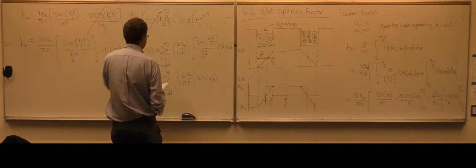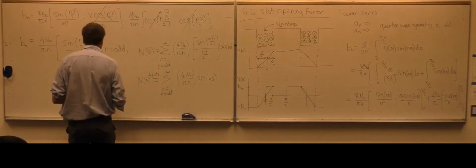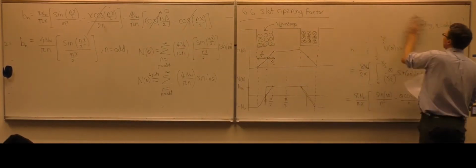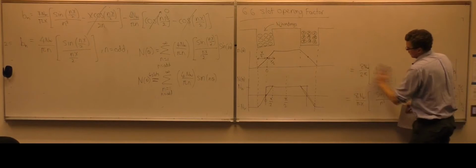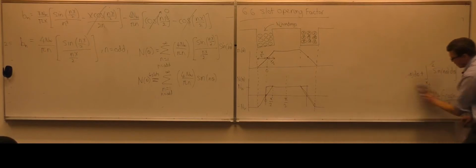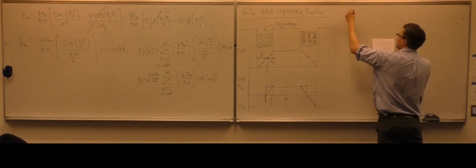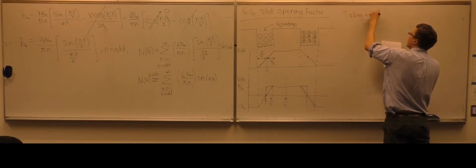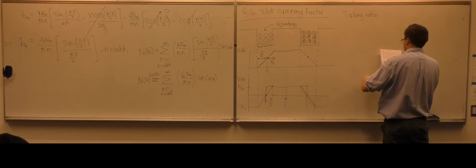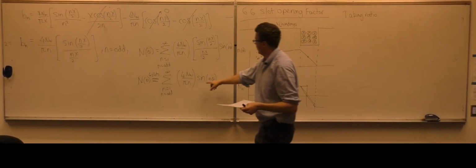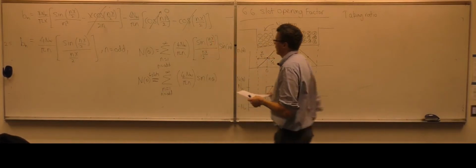So we take the ratio of the two. I think you can see that everything's going to cancel except the part in this brackets here.